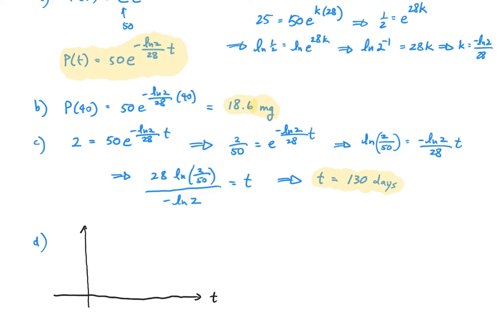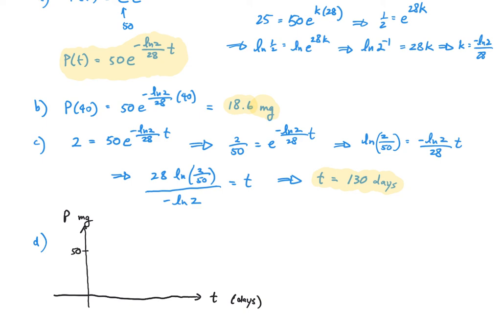This axis is t, and this is measured in days. This vertical axis is the population, measured in milligrams, the amount of strontium-90 that we have. We know that the graph is going to start at 50.